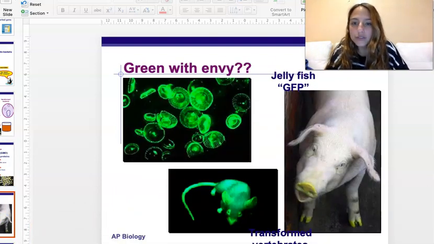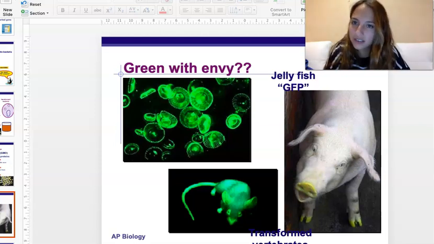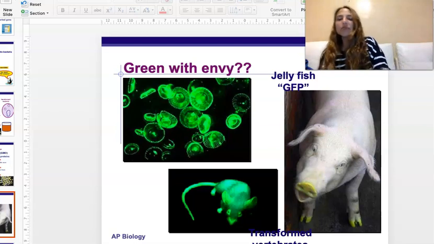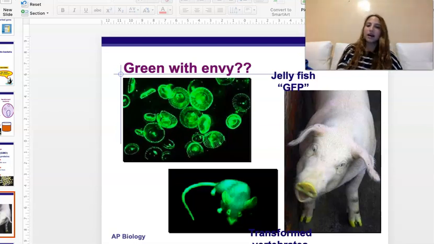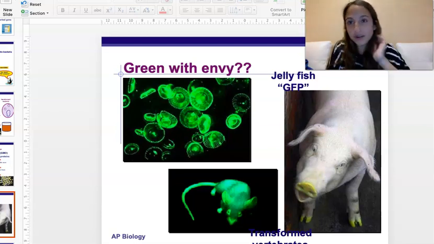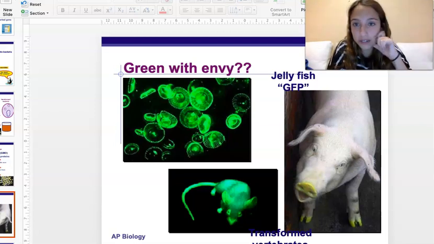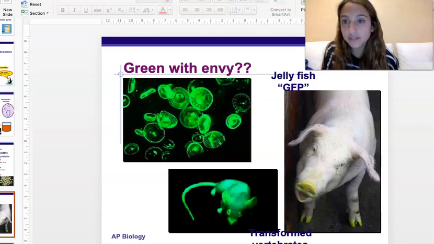So what can you see here? When you are genetically modifying, there's been a lot of tests to do genetically modified animals, and you probably have seen images of this. It's actually super easy to do. You can take a gene of bioluminescence from a particular jellyfish, and you can insert that gene into different vertebrates.